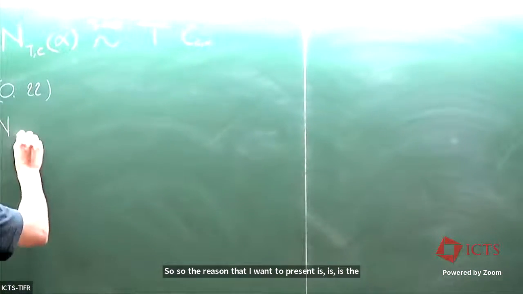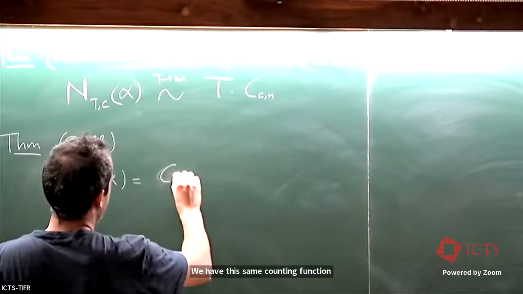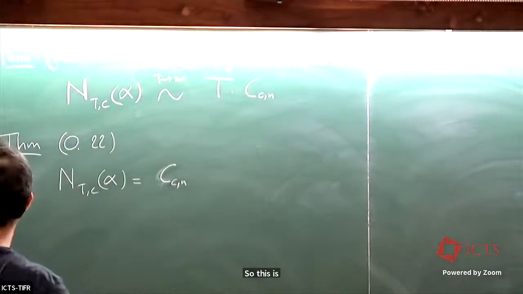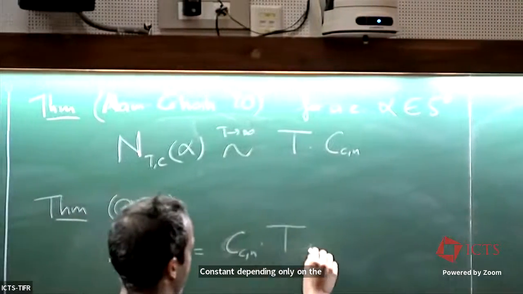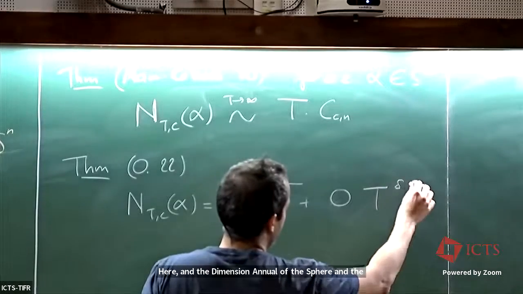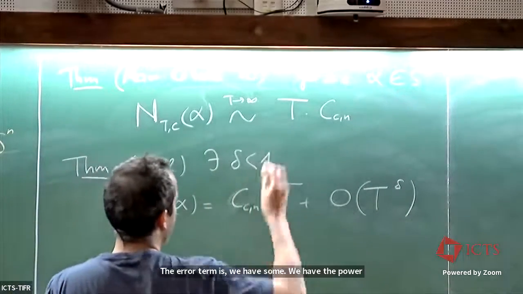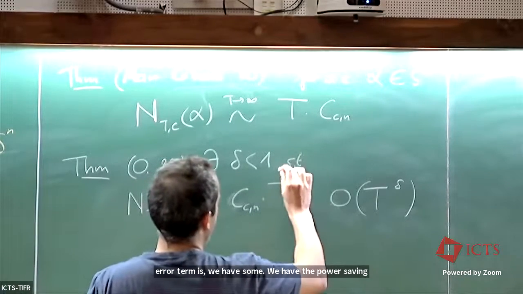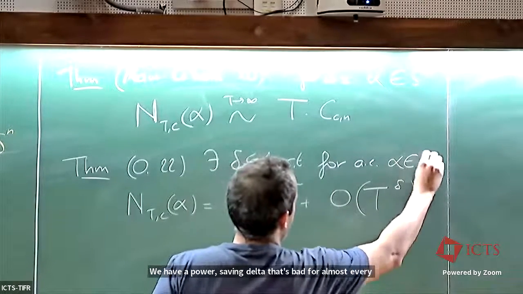We have the same counting function, with a constant depending only on the Diophantine constant C and the dimension n of the sphere. And for the error term, we have a power saving delta such that for almost every alpha on the sphere, we have this estimate.